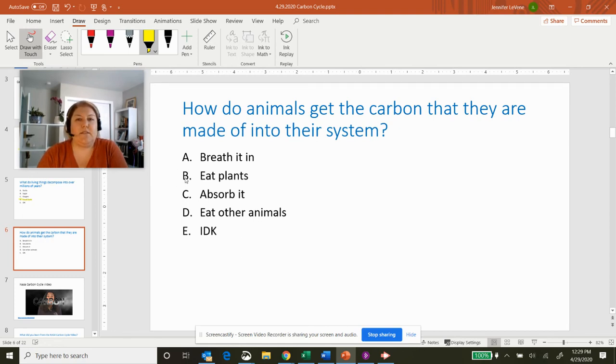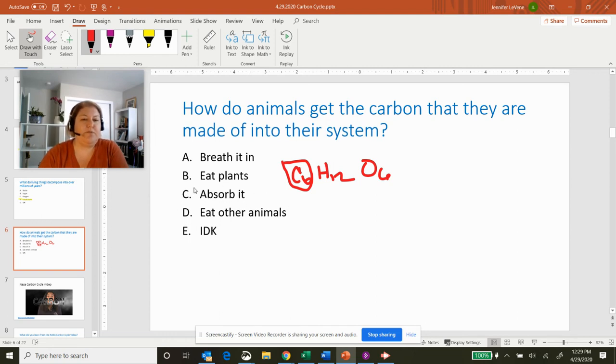We eat plants. Plants make sugar. Okay, they make carbohydrates. So they make C6H12O6. And look what it contains. Lots of carbon. So when we process a plant, when we're eating it, we're going to take part of that carbon into our body and it helps us grow. Do we absorb it?